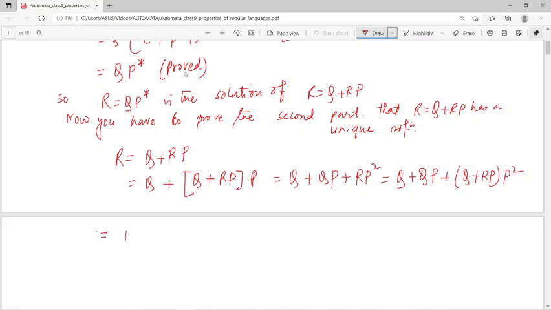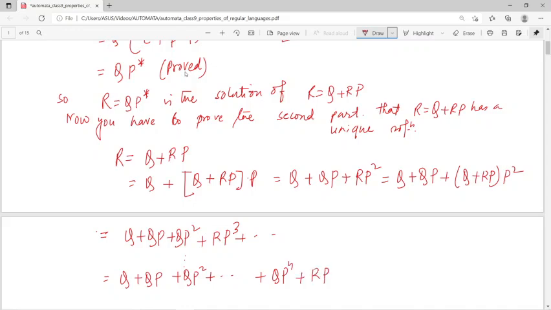From that we will get Q plus QP plus QP square plus R P cube. And if it goes on, we can write R equals Q plus QP plus QP square, dot dot dot, QP to the power n plus R P to the power n plus 1. We can write like that.